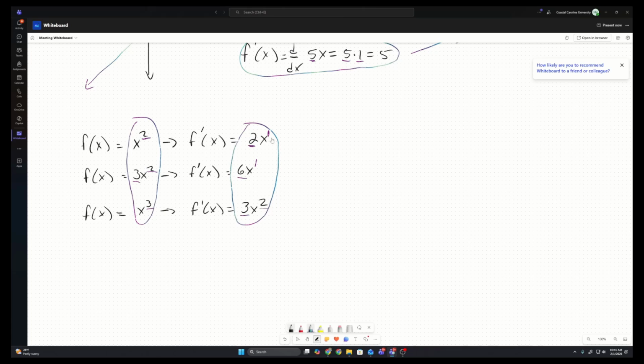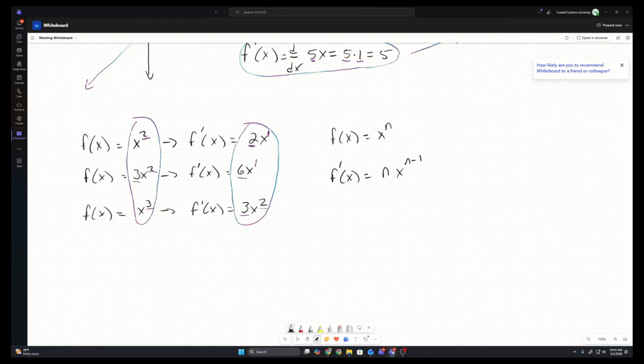So in general, if f of x was equal to x to the power of n, then f prime is equal to the power multiplying the front, and then we subtract 1 from the power. This is the power rule.